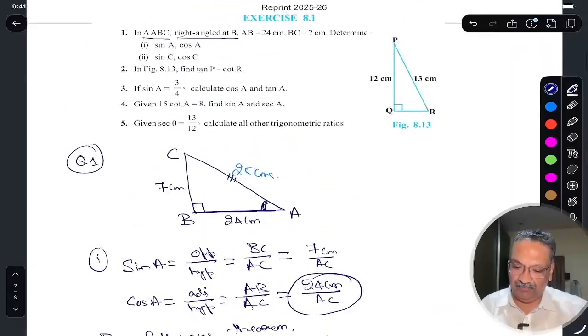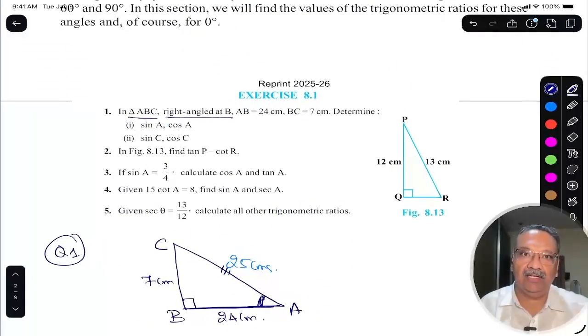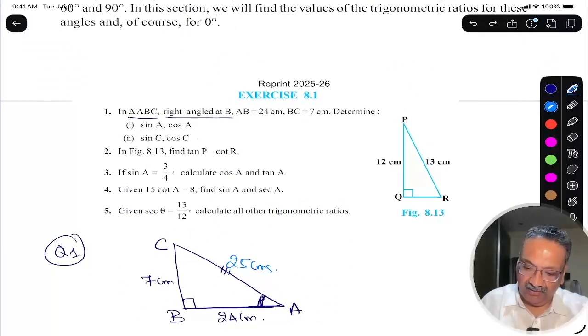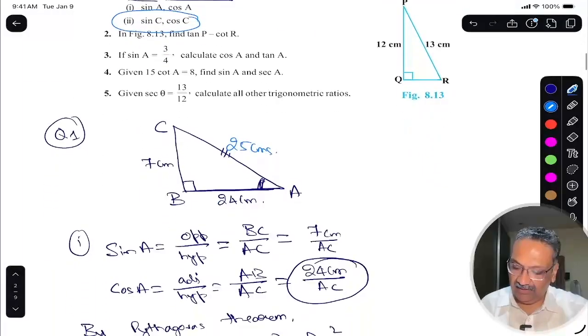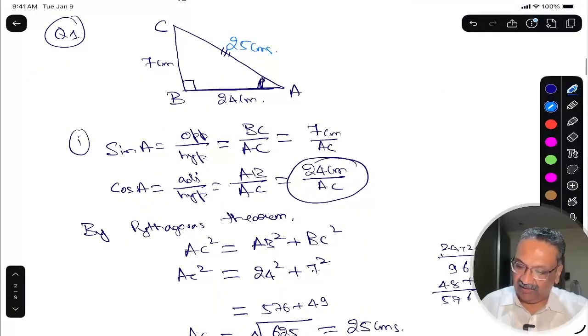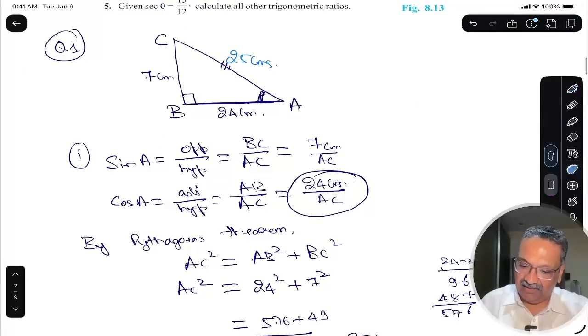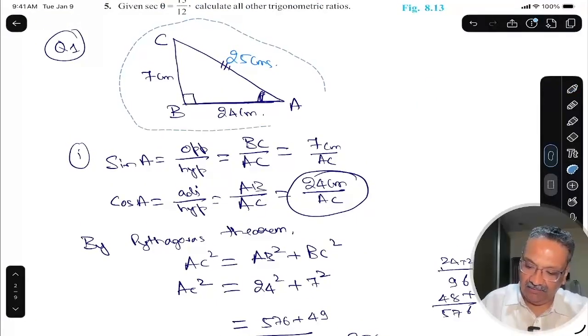ಅದೇ ಥರ ನೆಕ್ಸ್ಟ್ ಪಾರ್ಟ್ 2 ಅಲ್ಲಿ ಏನು ಕೇಳಿದ್ದಾರೆ, they have asked for what is sin C and cos C. Okay, so let us come to the same triangle. I will take this triangle. It is the same triangle.